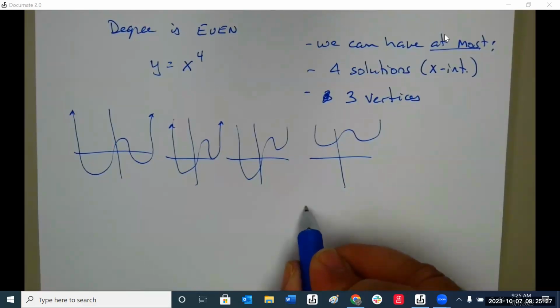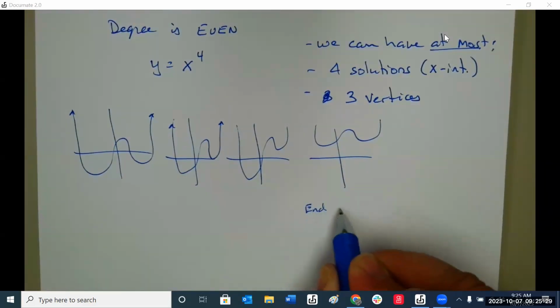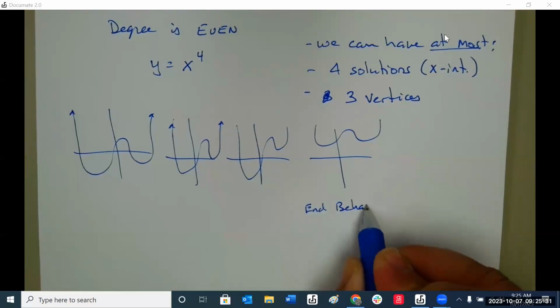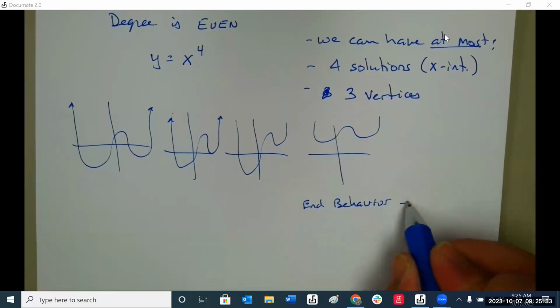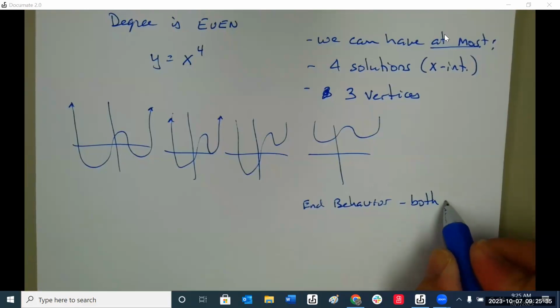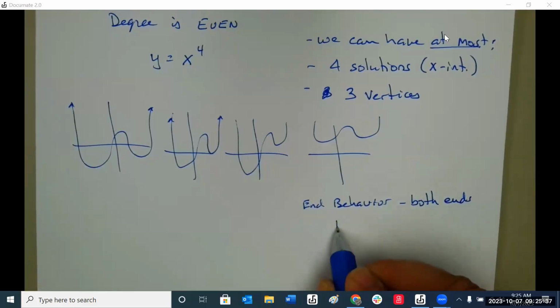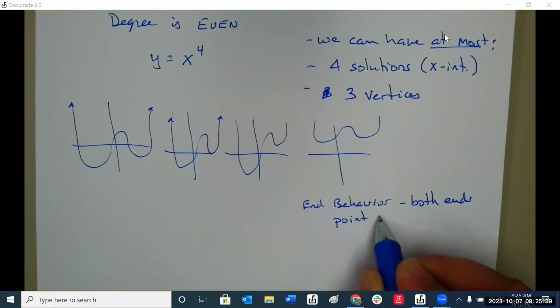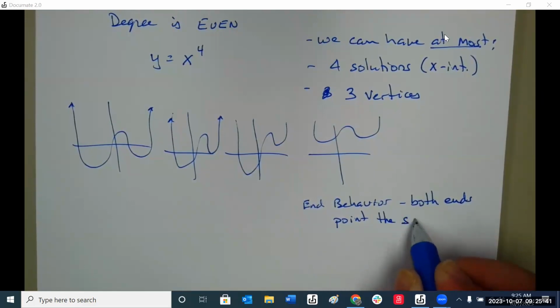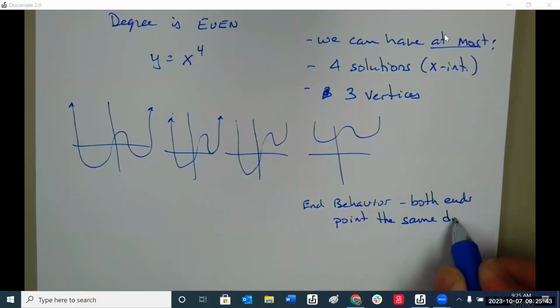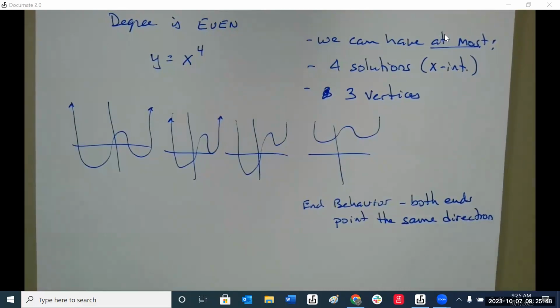That's end behavior. Unlike odd degrees, they point opposite directions.